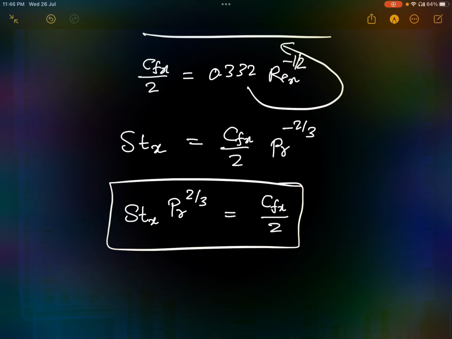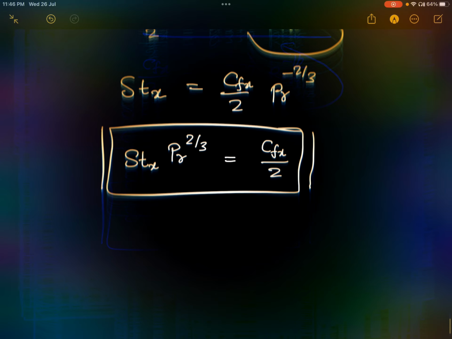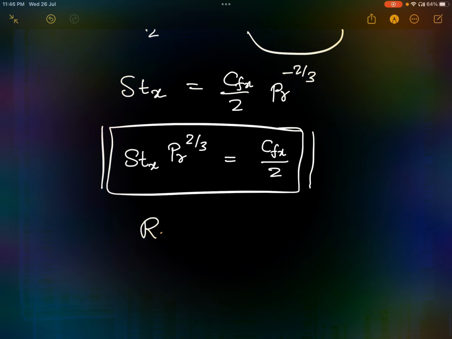This is a very important equation, and this is called the Reynolds-Colburn analogy.